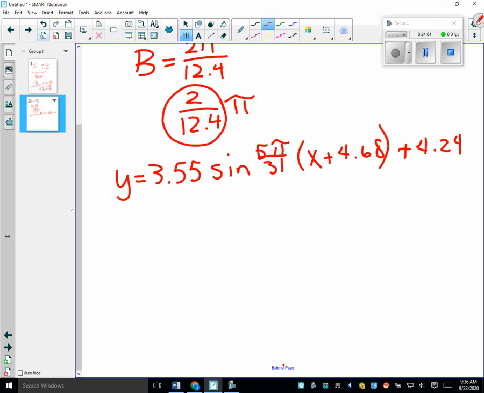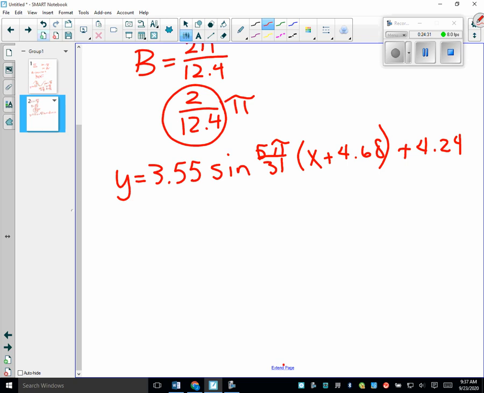So what am I missing? I'm missing B again. So why are we always missing B? Because that's what affects everything, the period. So what is the period? Anybody know?